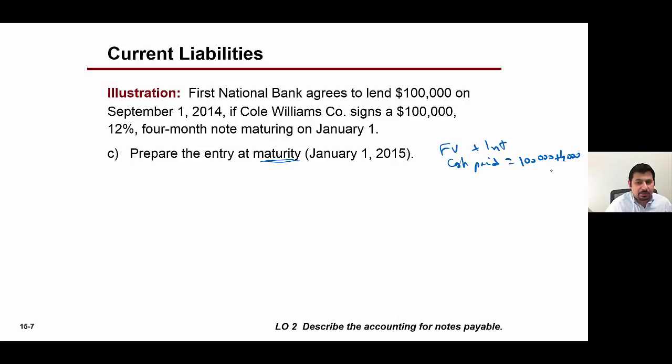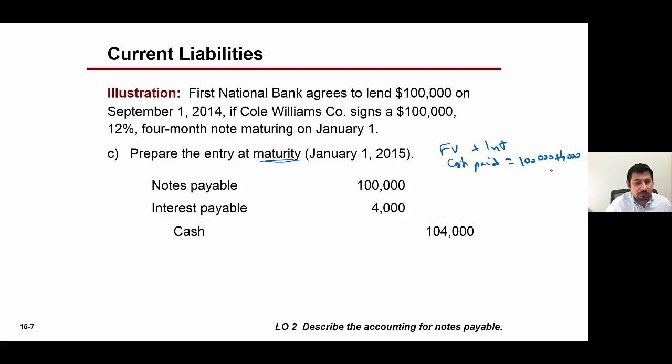So the company will debit notes payable 100,000 and will settle also the interest payable debt of 4,000. At the same time, it will credit cash 104,000. Note that the company will not debit interest expense because the interest expense has been recognized at the end of December.